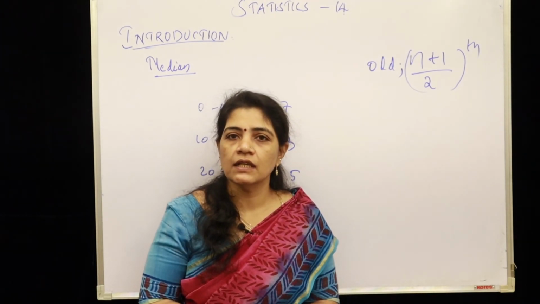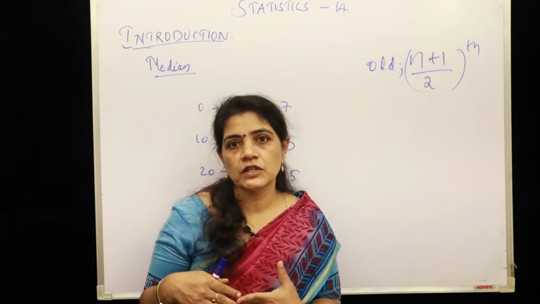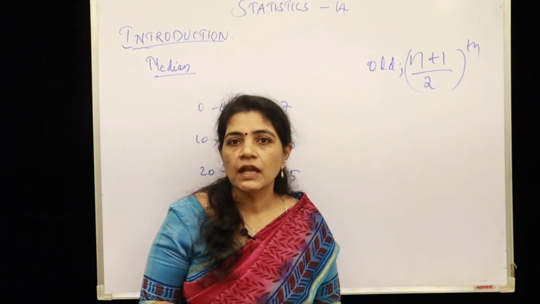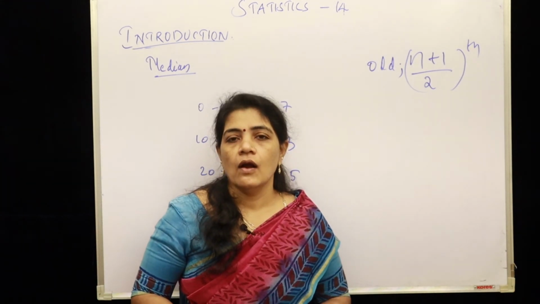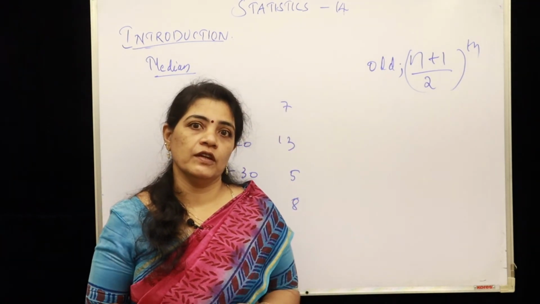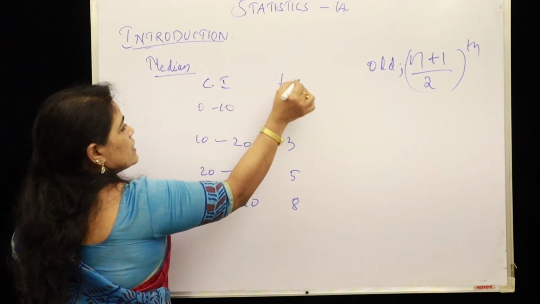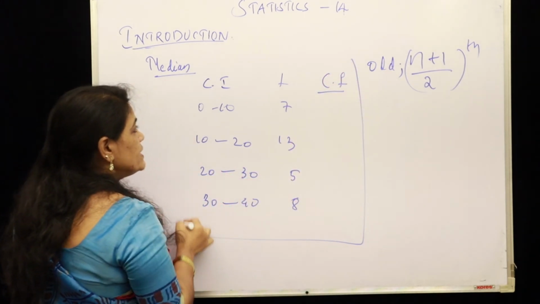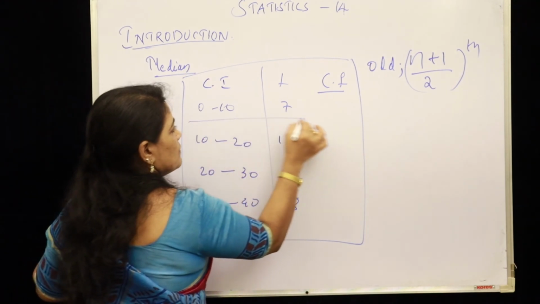We have already seen how the median can be easily found for ungrouped data, for a discrete frequency distribution, and finally when it is in the form of class intervals. That means in the third column you have to find the cumulative frequency. Here we have class interval, here frequency, and you have to form the cumulative frequency for each class interval.